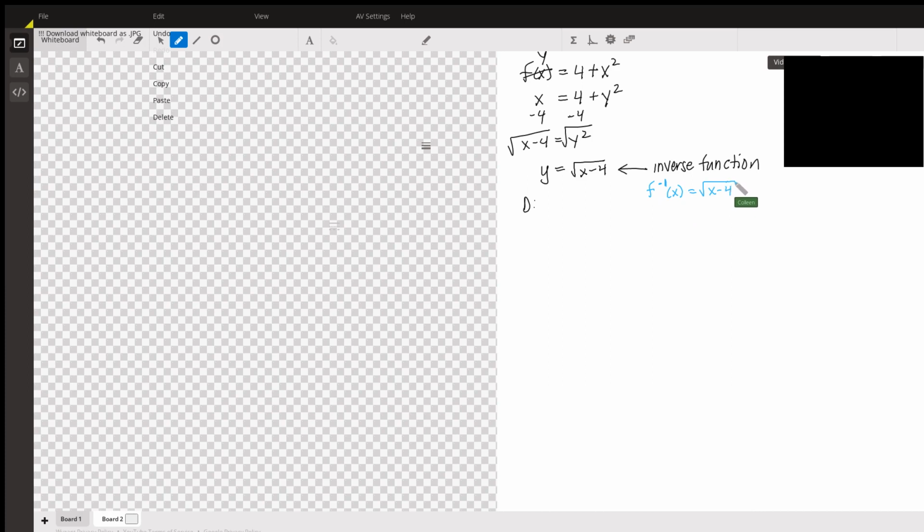Okay, so the domain deals with x. So what can I put in? My apologies. What can I put in for x here that's allowed that will work? Okay, so negative numbers under here are no good. Okay, so 0 is okay and positive numbers.